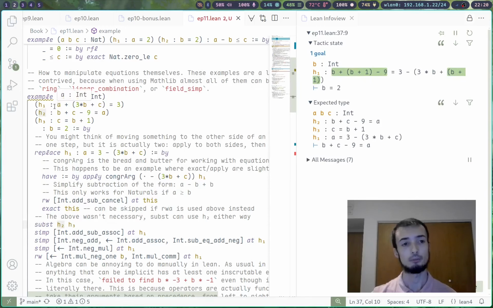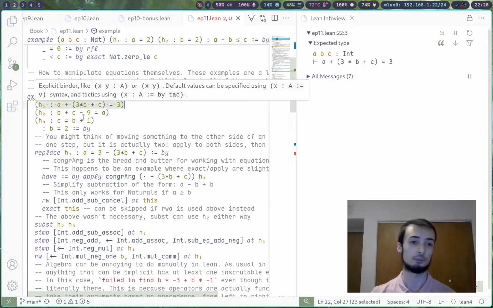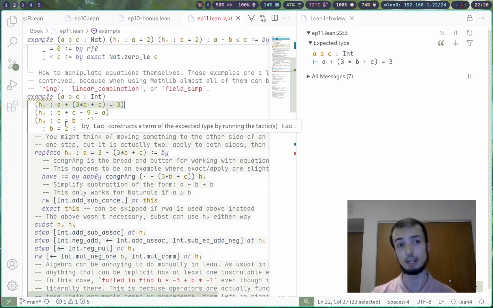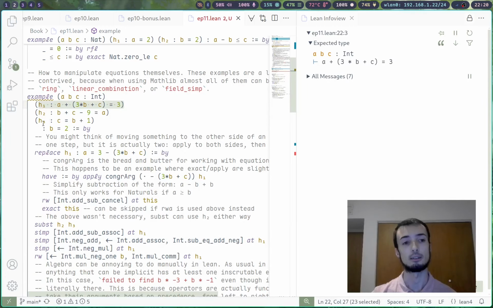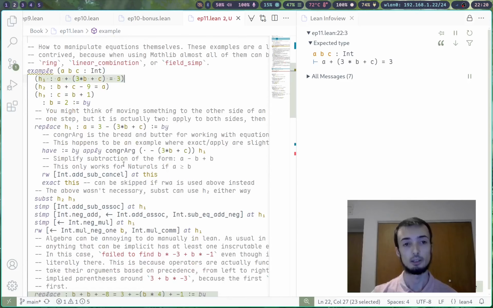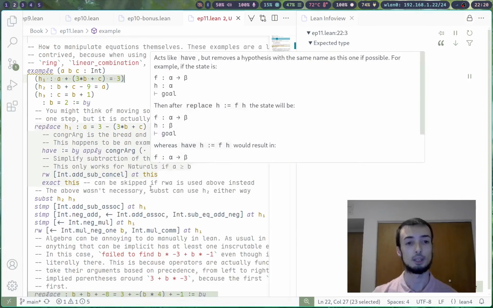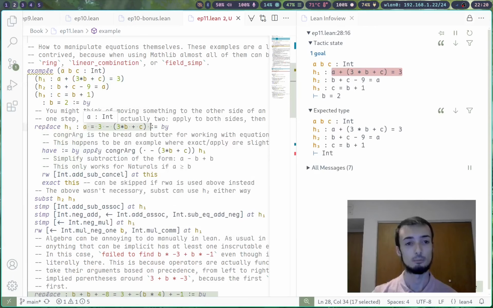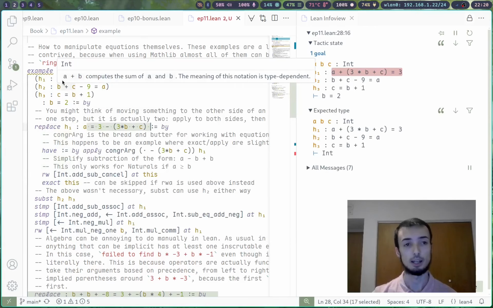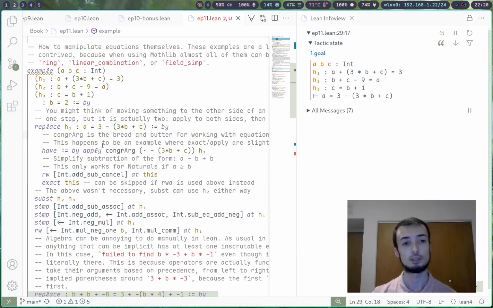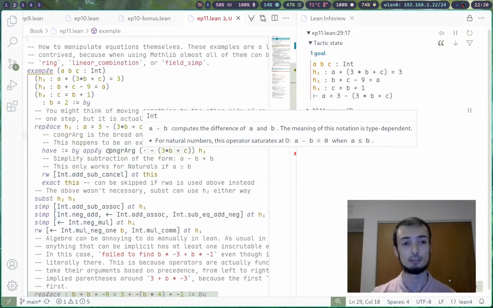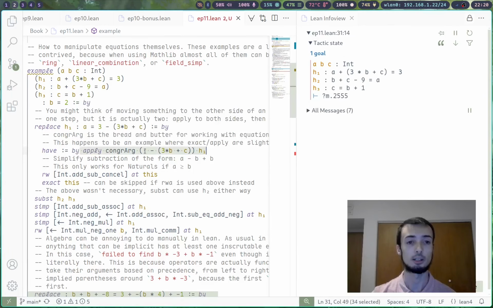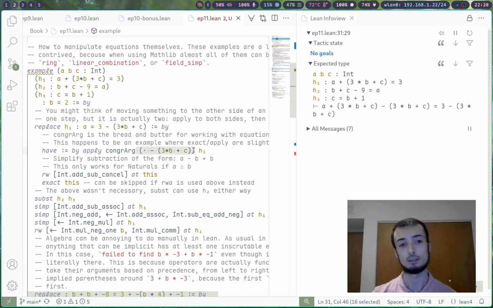But how do we work with h1 to get it into a form that is solvable after we substitute a and c? That's, of course, algebra, such as isolating a on one side. You do this by applying a function to both sides. That looks like congr arg, and then I use section syntax to create an anonymous function.